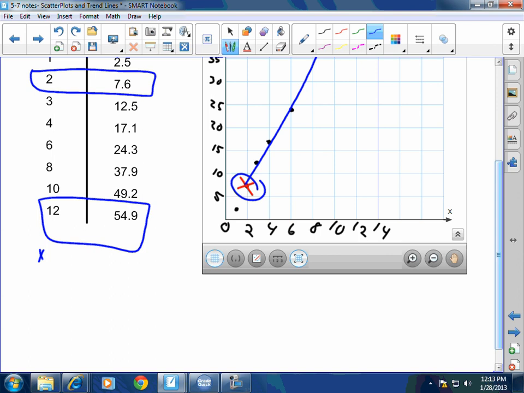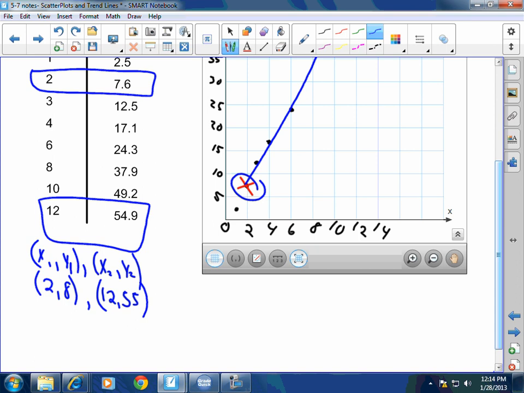So my x1 and my y1 is going to be 2, 8. My x2 and my y2 is going to be 12, 55. Again, you have my word of honor on my tests, on your homework. Your self-assessment may not do it, but on my homework, on your tests, I promise you, you are allowed to round the points to make it easy.